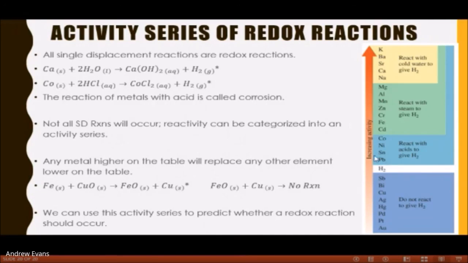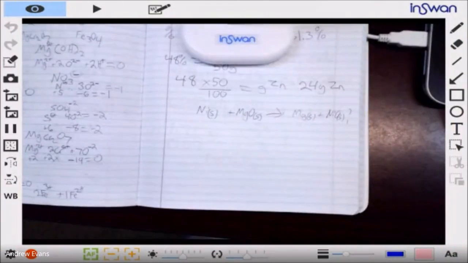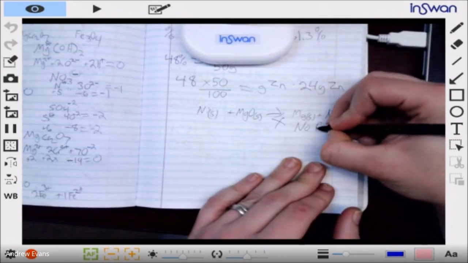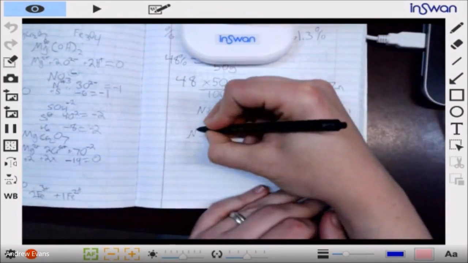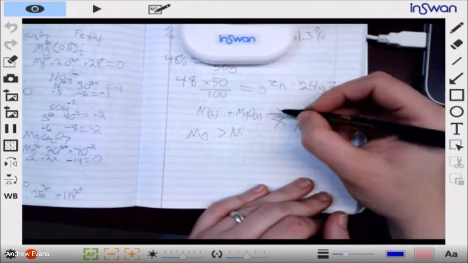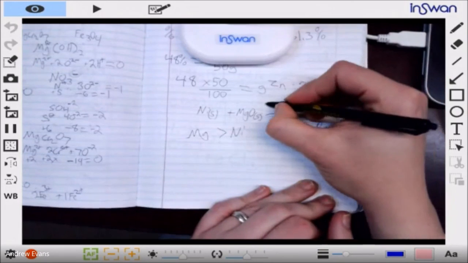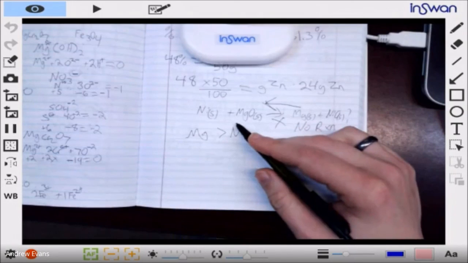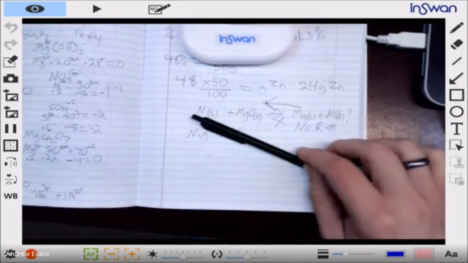And the question here is, Mg is right here on the table. Nickel is right there. And so would this happen? And the answer is no reaction, because Mg is greater than the nickel. Mg is greater than the nickel, so the reaction would actually go the other way, because Mg is higher on the table.